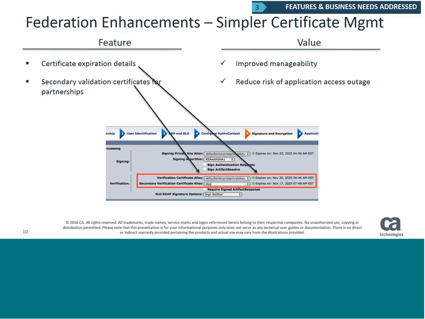In addition, we started to build in the capability to support parallel or secondary certificates and keys. We did this in the signing, the signature side of the certificate pairs.